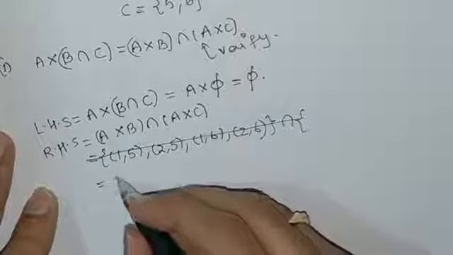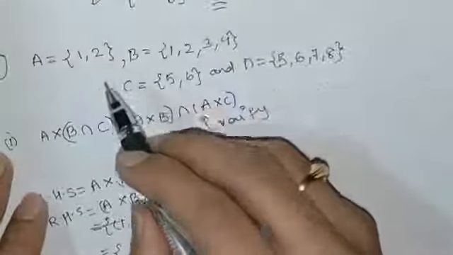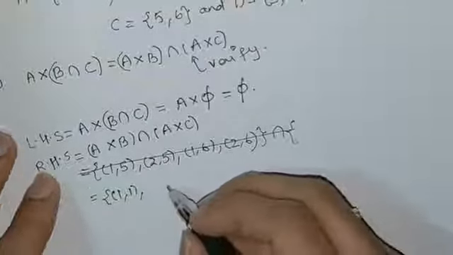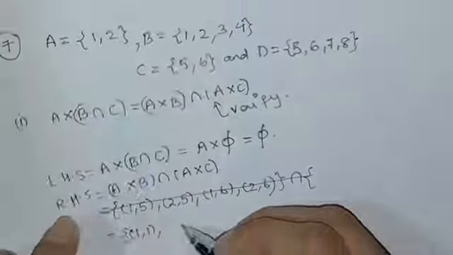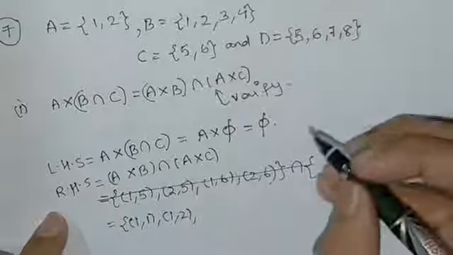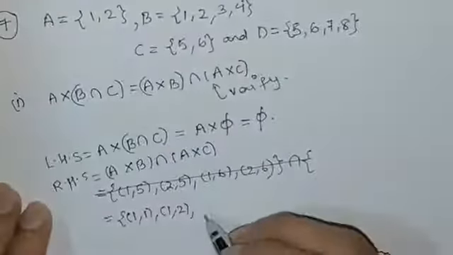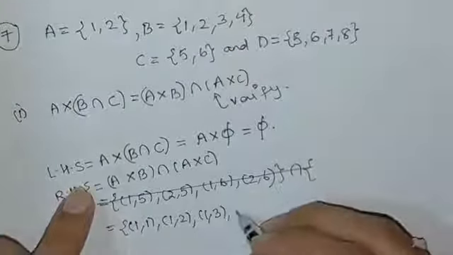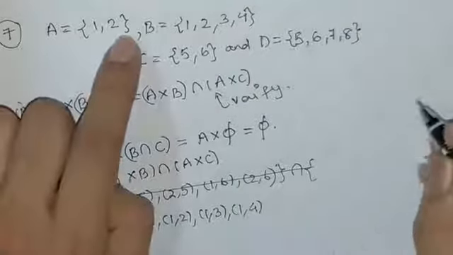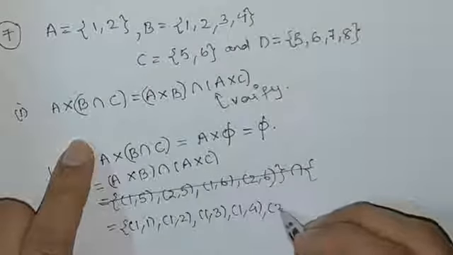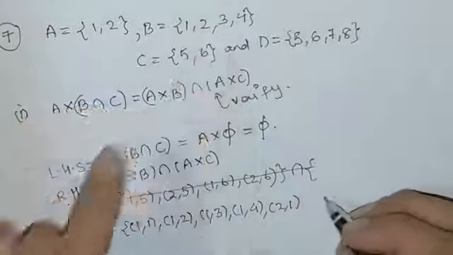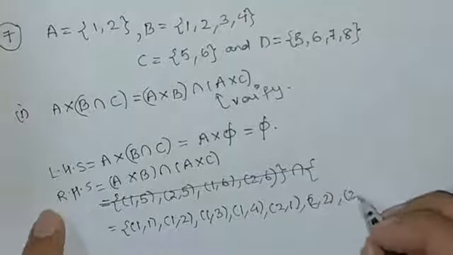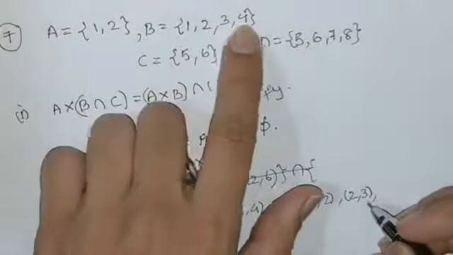A cross B will be the set (1, 1), (1, 2), (1, 3), (1, 4), (2, 1), (2, 2), (2, 3) and (2, 4).